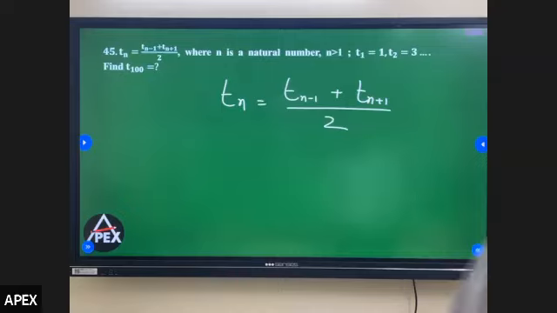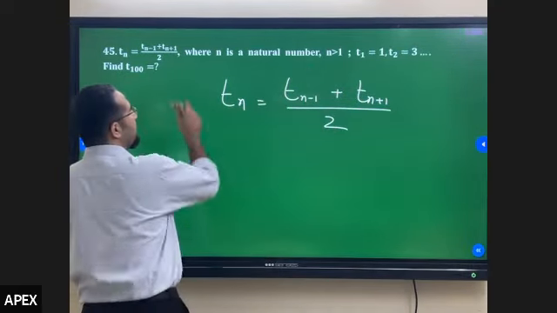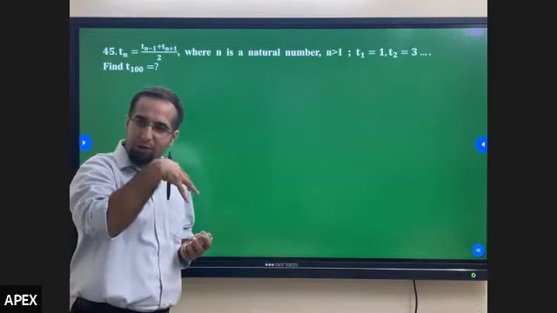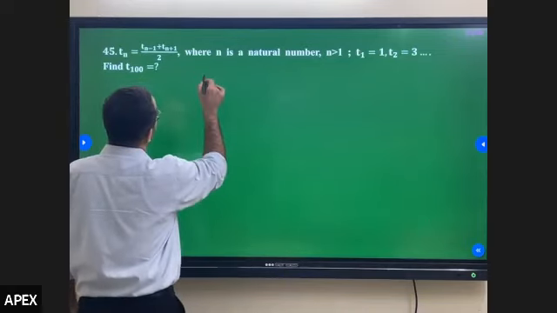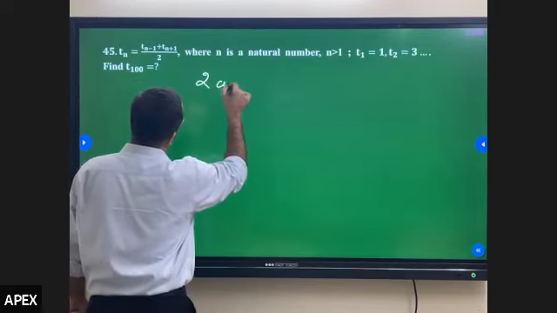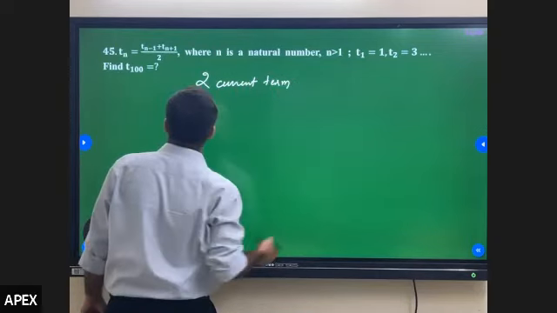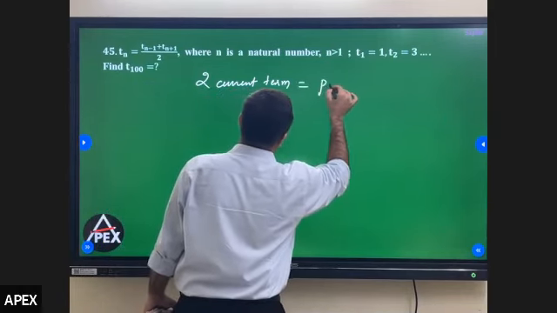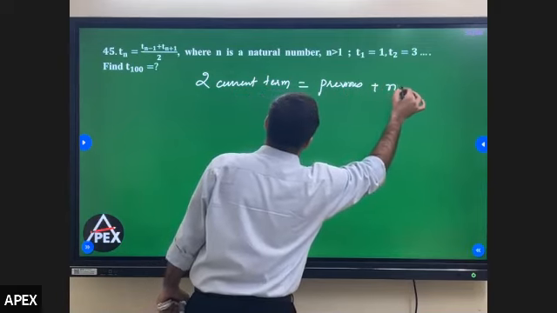So 2 times the current term. Now coming from the previous question, whenever the next term is there, we can make that my current term. So if you look at it, this is 2 times the current term, or we can also see this as the previous term plus the next term.